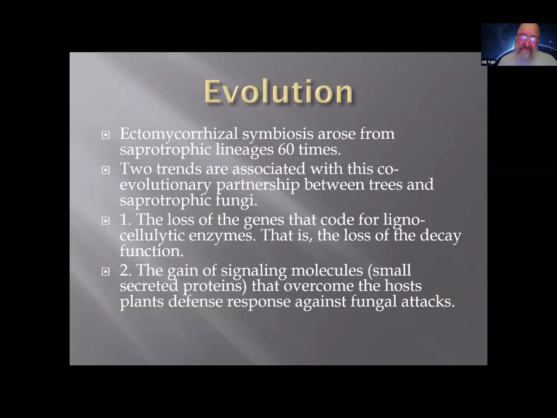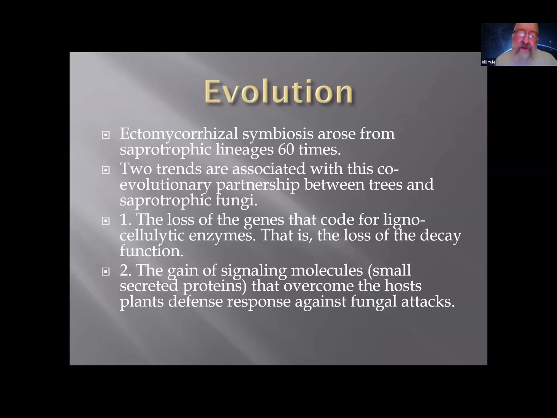All right. So I want to talk about evolution, and that's going to wind up the whole show. Ectomycorrhizal symbiosis came from saprotrophic lines 60 independent times, at least.